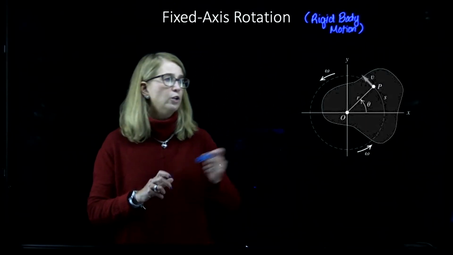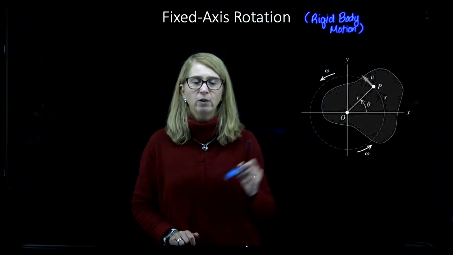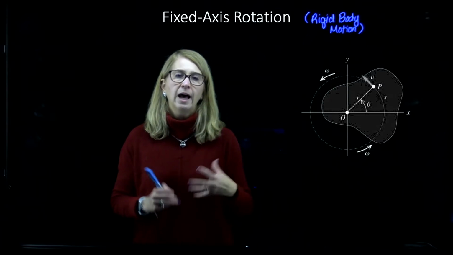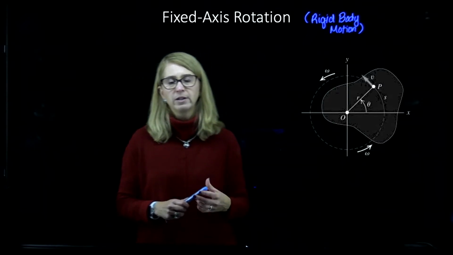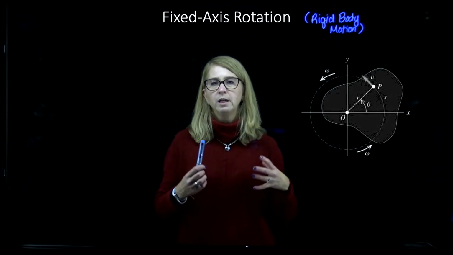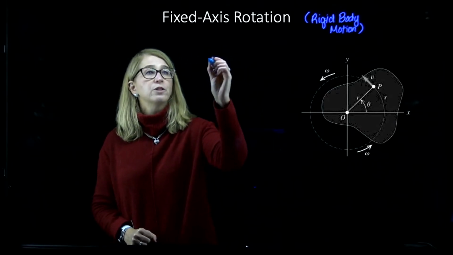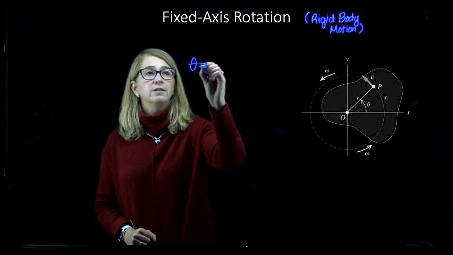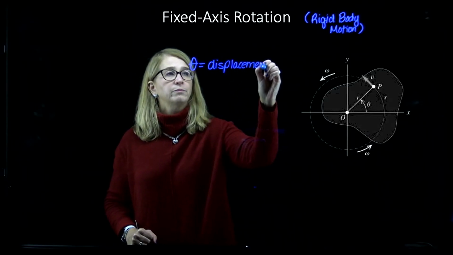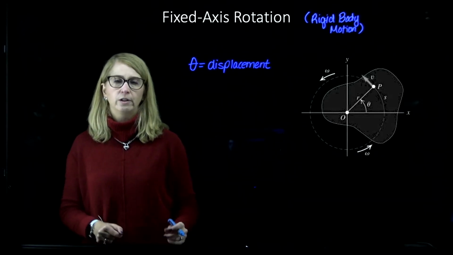When you look at the x-axis here, and we follow point P, it would move from the x-axis to up where it is as the object rotates. In that amount of time, the displacement of the entire object is going to be measured by the angle theta that it has turned through. So that's the first thing for us to realize, theta is equal to the displacement. So that is how we're going to measure its angular displacement.